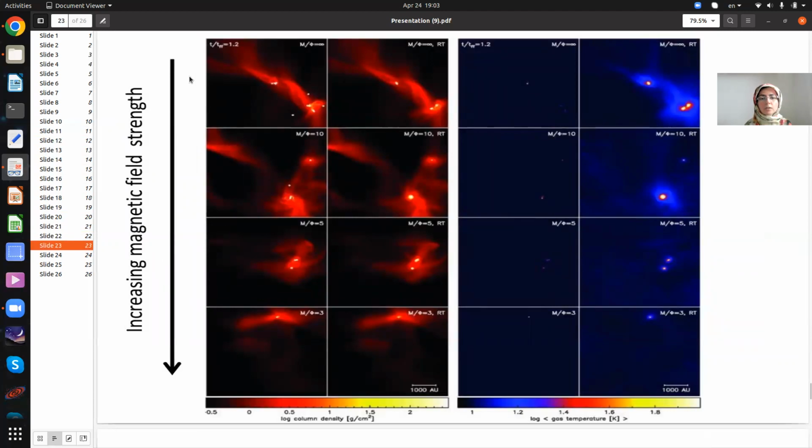Also here, it is the increasing magnetic field strength, and also here. You see the magnetic field. Also here, and that produces a star.